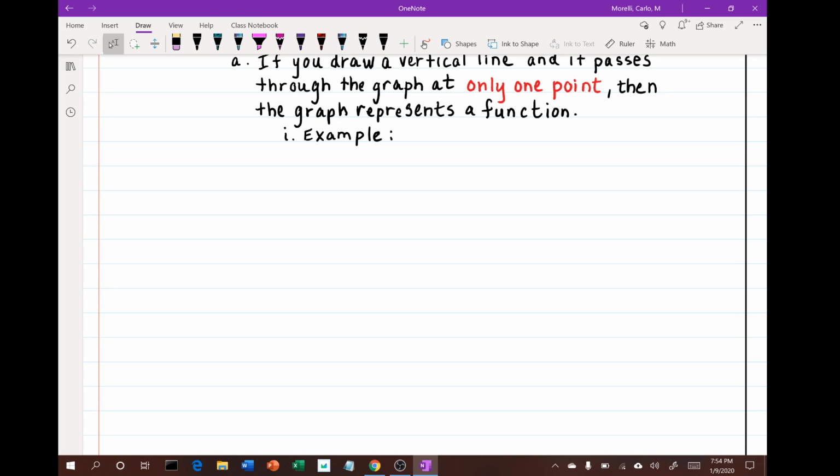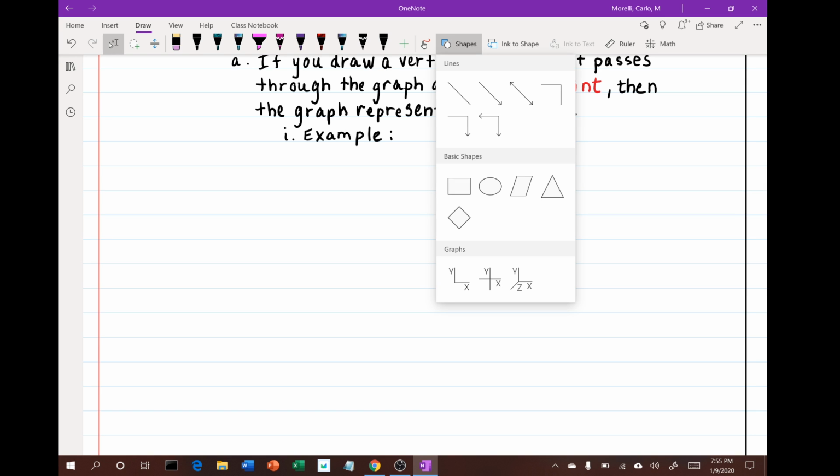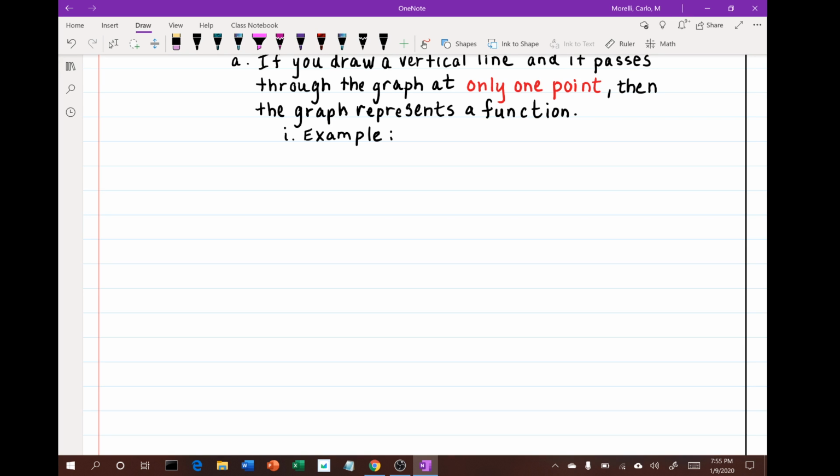And what I want to try to do anyway, well, I guess first I'll do it simple so the kids can draw it. Okay, here's an example. And we'll say Y and X. All right, and let's do something easy.